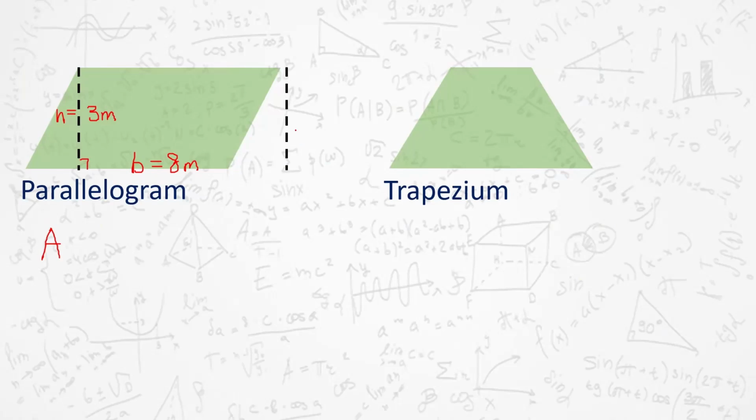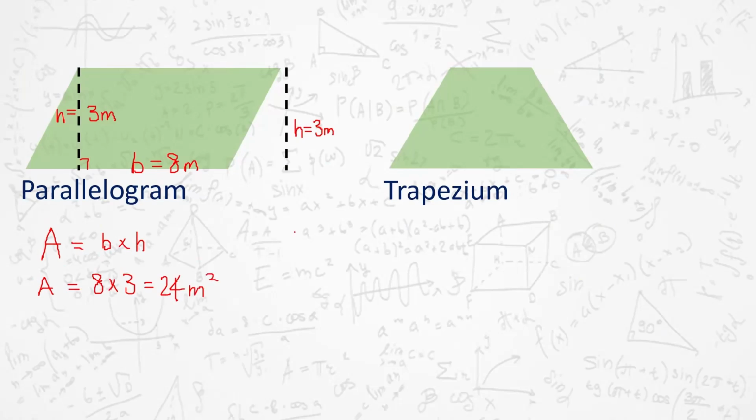Sometimes they do it outside and label h. They're exactly the same thing, so don't get thrown off by that. So to work out the area of parallelogram equals base times height. So my area equals 8 times 3 again, which is 24 meters squared.